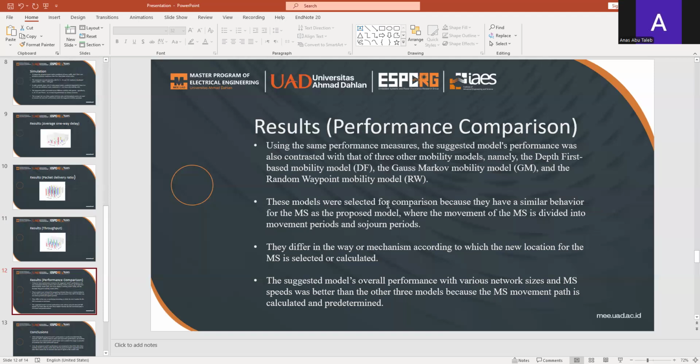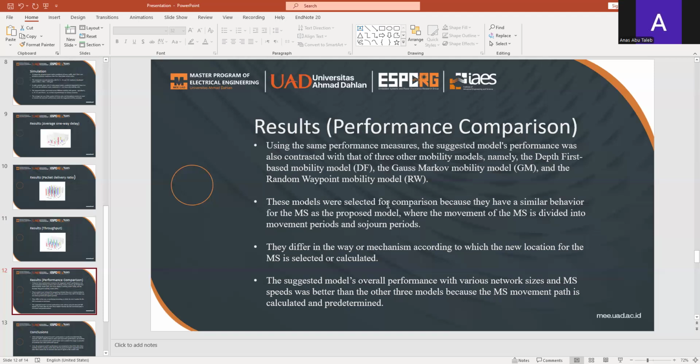The depth first based mobility model will determine how the mobile sync moves through the network. The movement of the mobile sync is divided into pause and motion periods with the starting node chosen at random. So a starting node is chosen at random, and after that, the network is traversed in a depth first traversal.